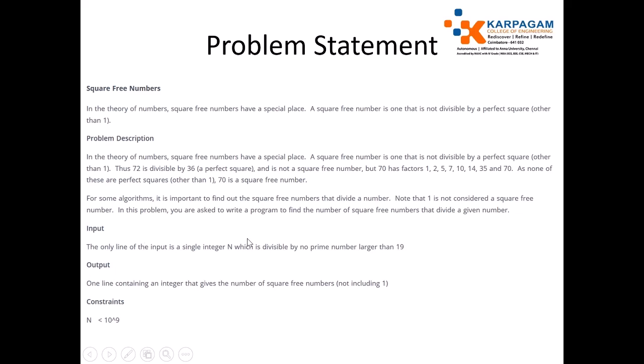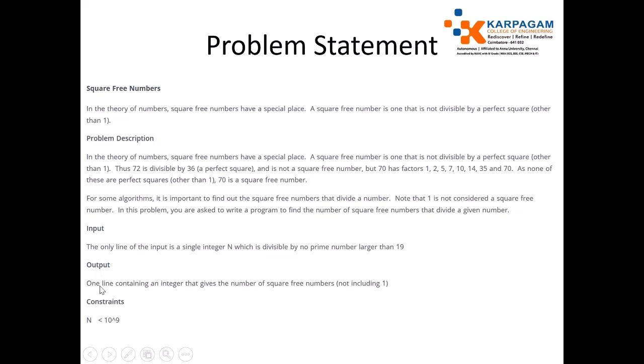So we need to count the square free numbers which divide a particular number. The only line of input is a single integer n which is divisible by no prime number larger than 19.